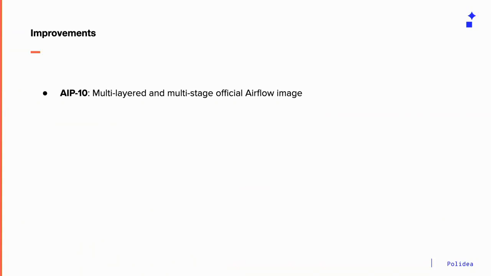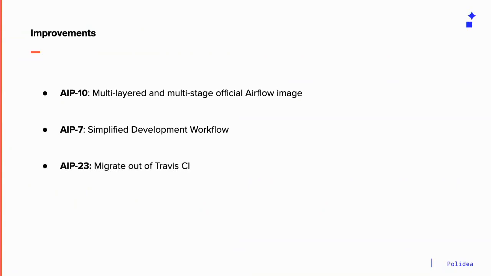So what were the improvements? There were a few improvements I worked on, and they were mostly captured in Airflow improvement proposals. The first one, that Ash also mentioned, is a multi-staging and multi-layered official Airflow image, which is a base for all the rest. There is a simplified development workflow, and this is what Breeze is all about.